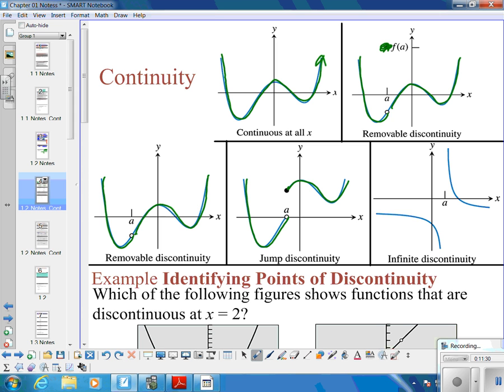That's called jump discontinuity. And then the last one is infinite discontinuity, and that's where your graph is heading infinitely in one direction. You have to pick up your pencil and head in the opposite infinite direction. Continue. Start from infinitely high and come back down. Basically, you're going to have some sort of vertical asymptote there, which we'll talk about later.